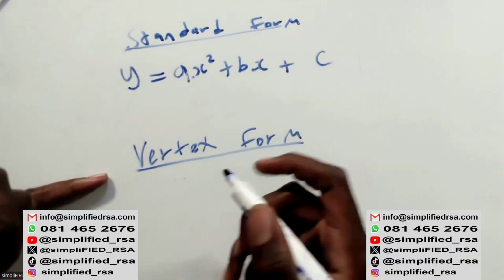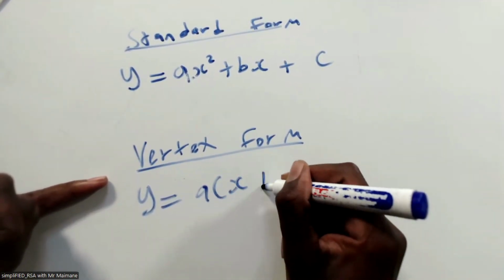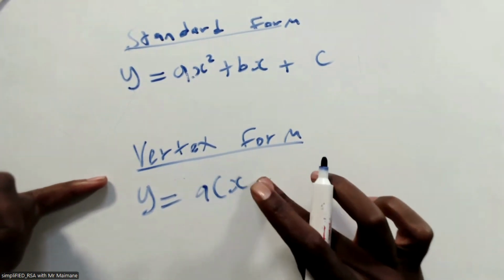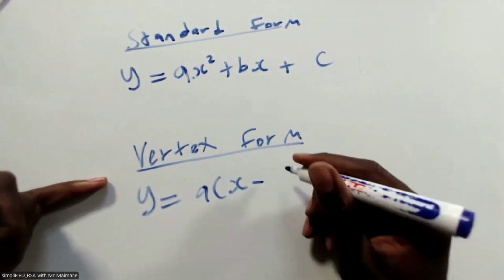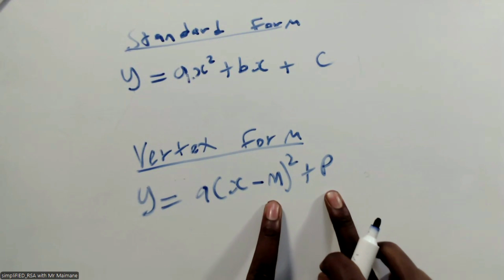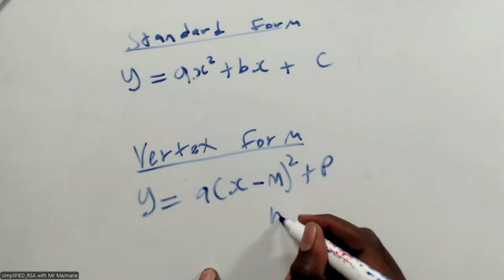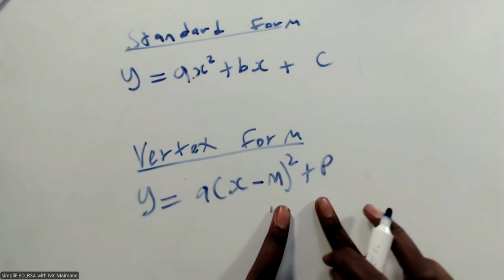If we write this in a vertex form, it's going to be y is equal to a into x plus or minus m squared plus p. Doesn't matter, plus or minus. If I choose to use m as a variable, some may use h and k. A variable is a variable for what's going to be inside here.